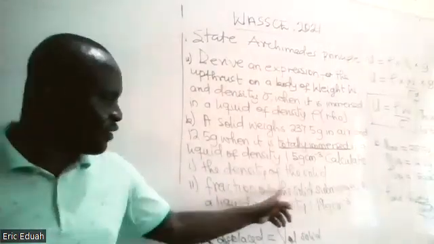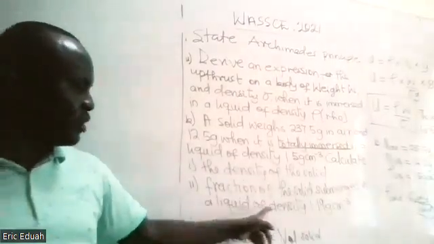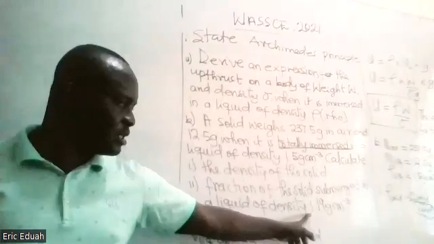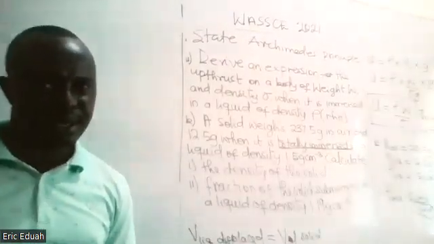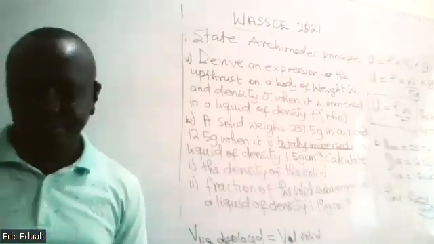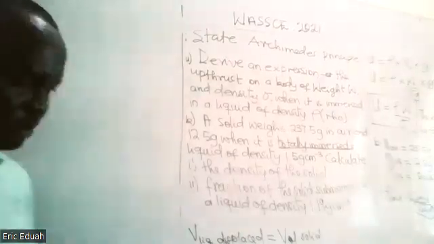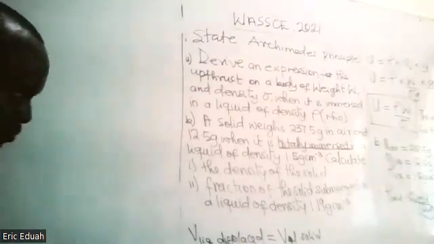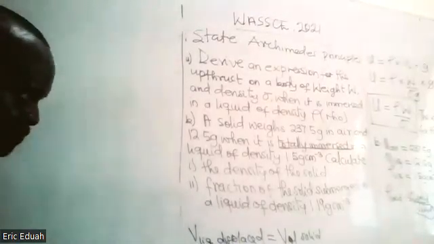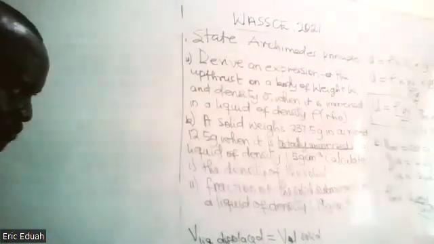Calculate the fraction of the solid submerged in a liquid of density 1.19 gram per cm cube. Yaba, your hand is up. Let's hear from Yaba. I think it means the solid is floating. And so part of the solid is in the water, and the other part is not fully in the water.